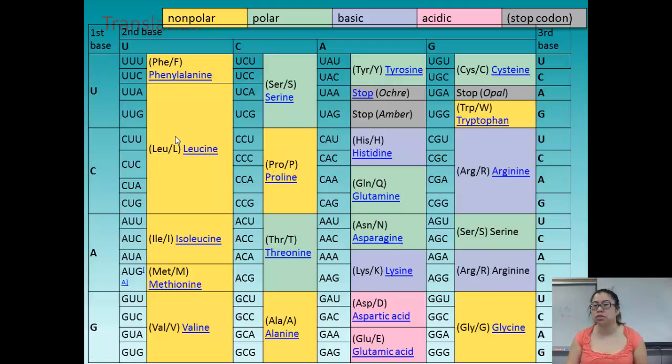If there happens to be a mutation, let's look at the code. If leucine has a UUA or a UUG, and a mutation happens where A turns to G, it's safe. It's still an amino acid, leucine. Now what if it turns into UUC? It turns into phenylalanine.